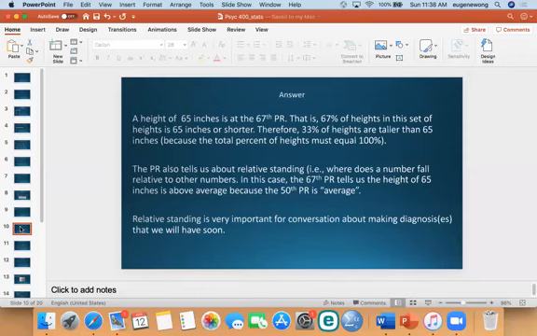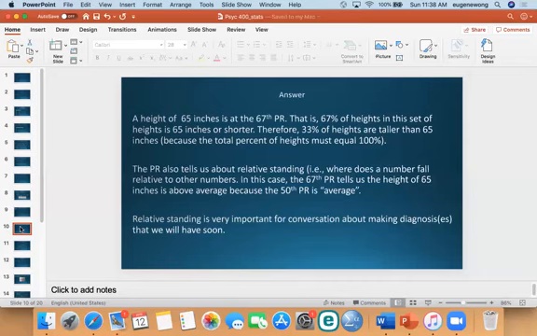We can also say if some kid has a height that is at the 30th percentile rank, that 30% of heights are at that height and below, which means 70% of heights are above that height.